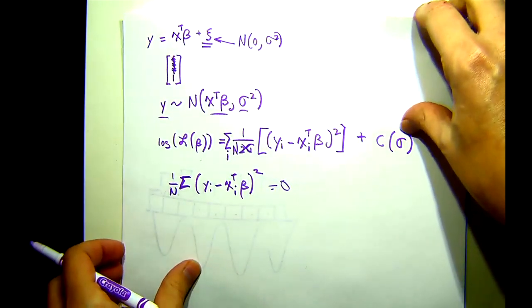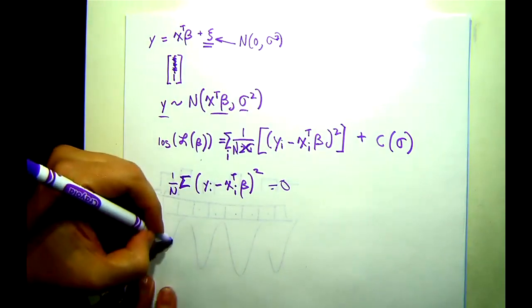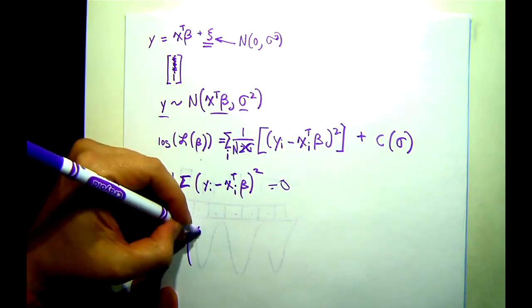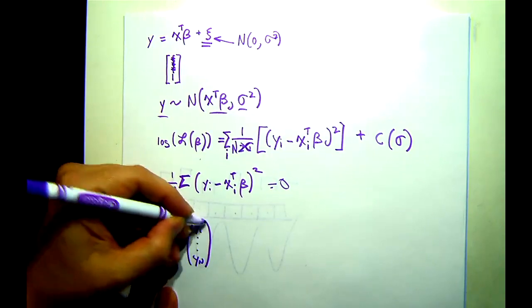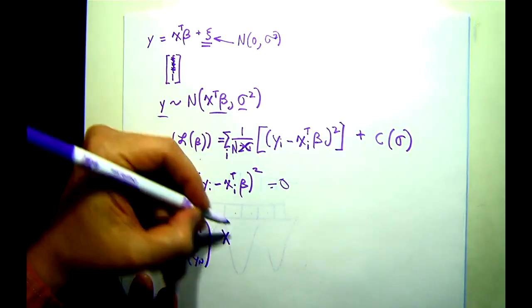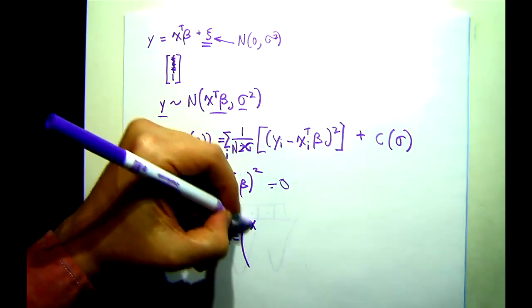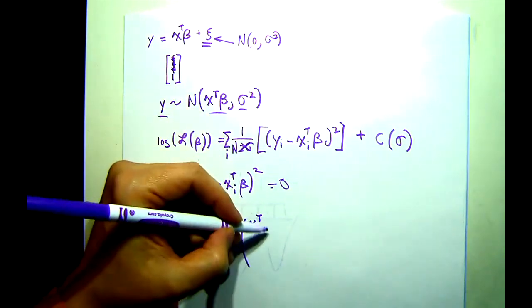Now what we're going to do is rewrite this in matrix form. Just to set up the data here, we're going to write y1 down to yn. We're going to write capital X as a matrix where each of the data points, which are vectors, is transposed.